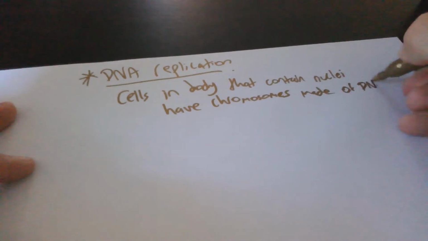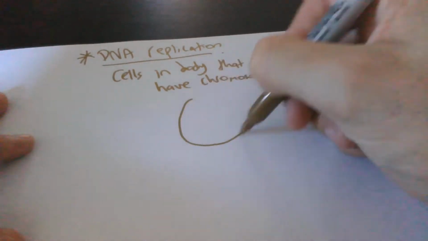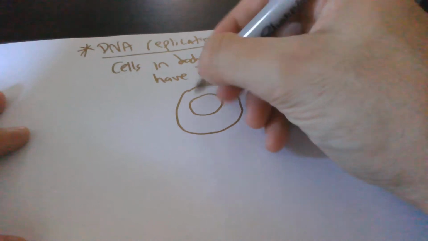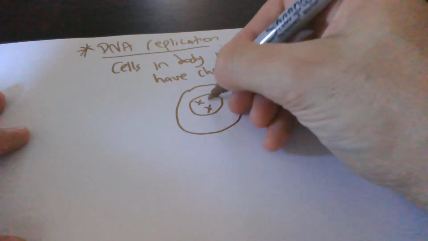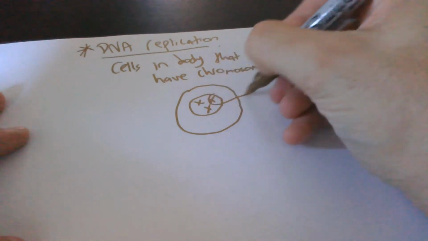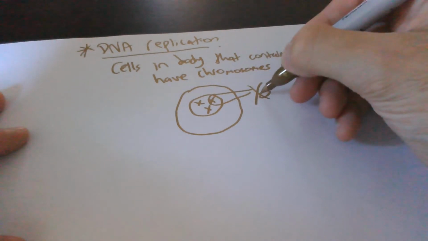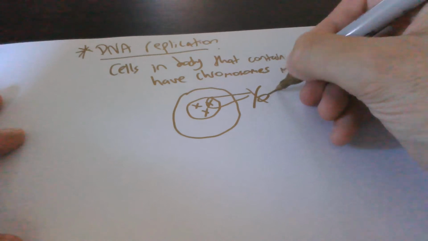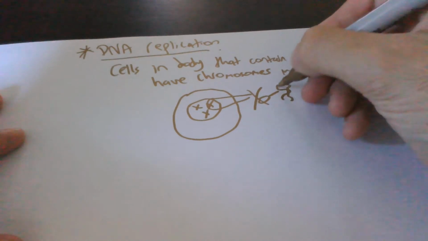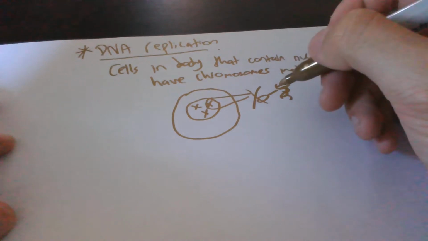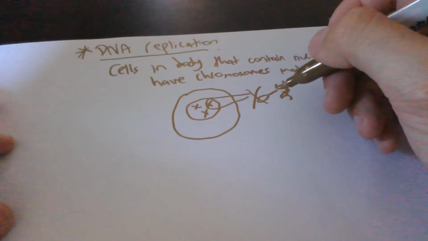If I was to draw a cell here, cells have a nucleus. In the nuclei, you've got X's, which are chromosomes. If you were to zoom in with a powerful microscope, you could see the chromosomes. If you were to zoom into a part of a chromosome, you'd see that it's made of DNA, and DNA, remember, has that double helix structure, as discovered by Watson and Crick.